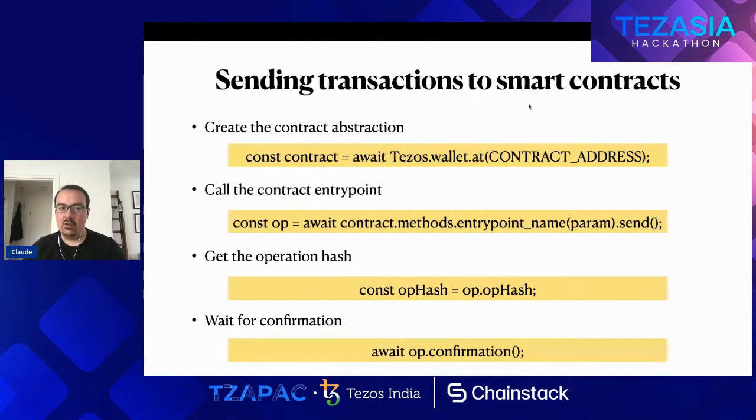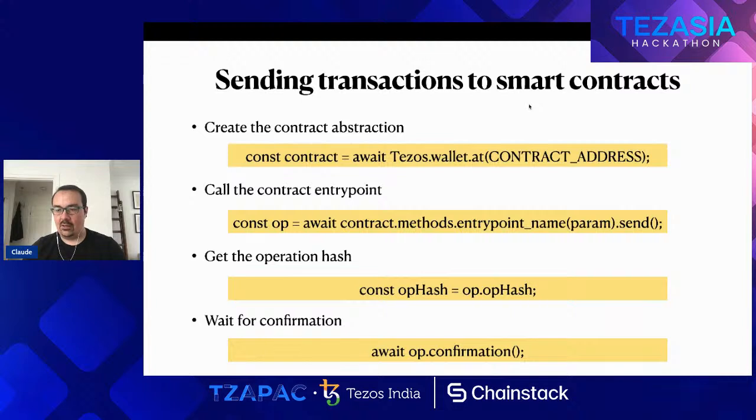So once again, if you want to interact with the contract, you can still use the contract abstraction that you created before to read the data from the contract. It's the same process. But after that, when you want to interact with an entry point, the contract abstraction is going to expose a property that's called methods.